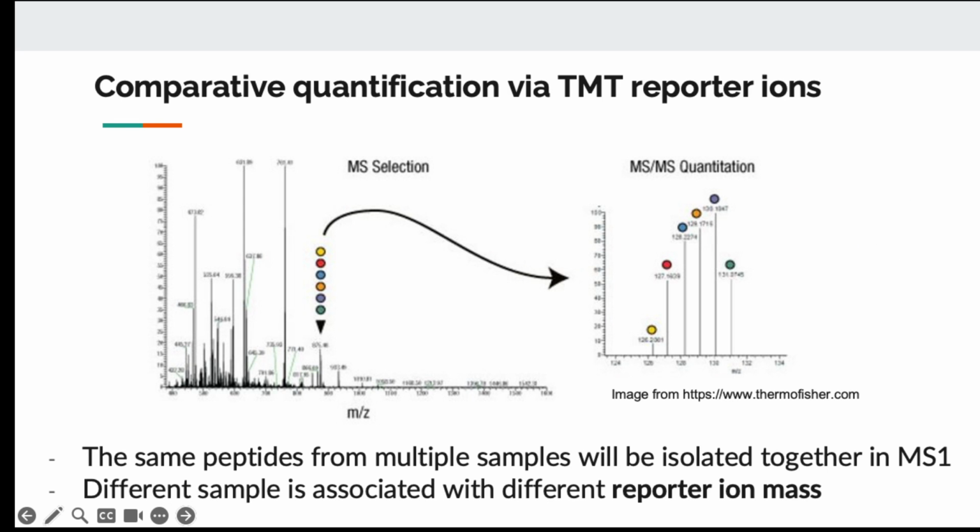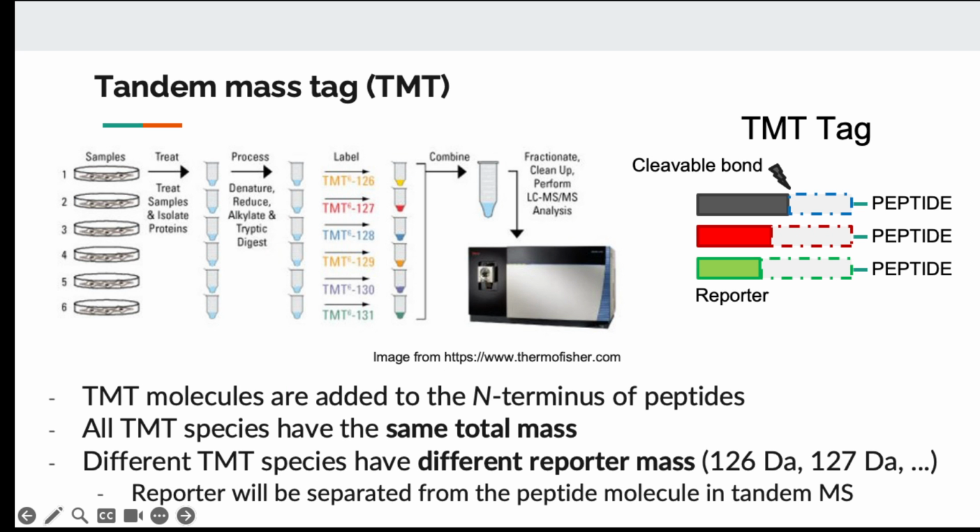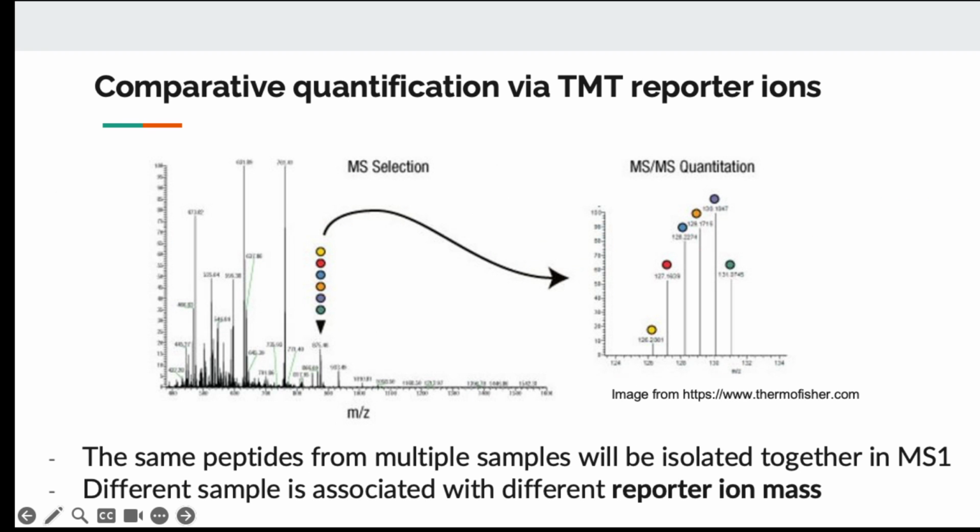In the first mass spectrum, when we see the intact peptide, the same peptide from all the samples is going to have the same mass, which will be the mass of the peptide plus the mass of the intact TMT. So they will line up at the same mass-to-charge.